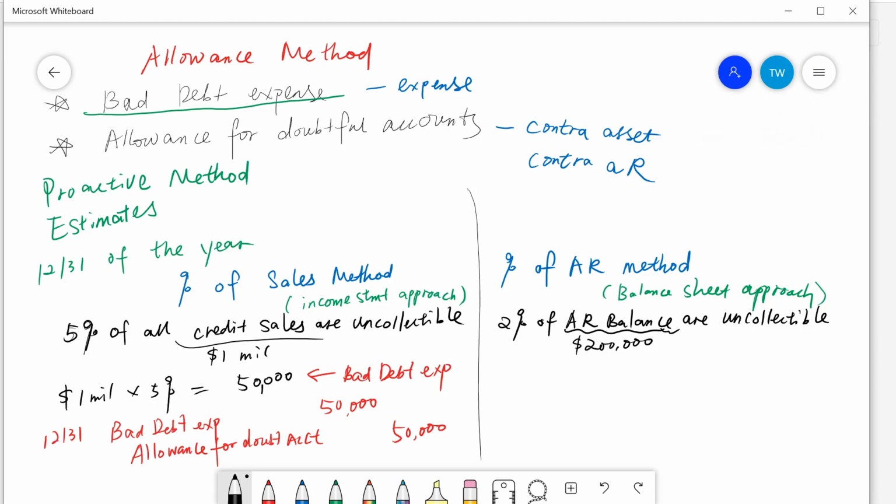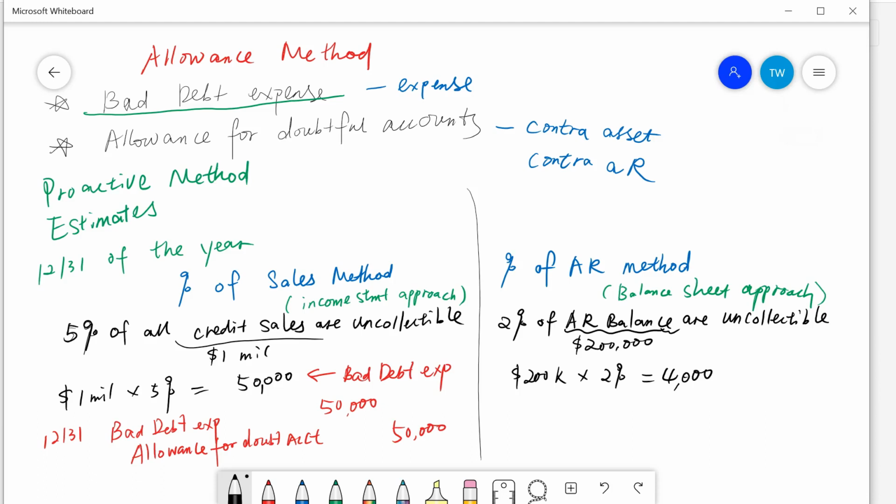If that's the case, we will take the percent of the accounts receivable, which is 200,000 times 2%, and this will give you 4,000.